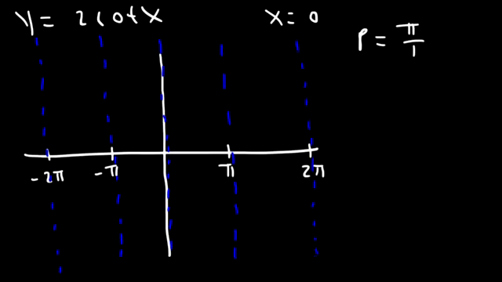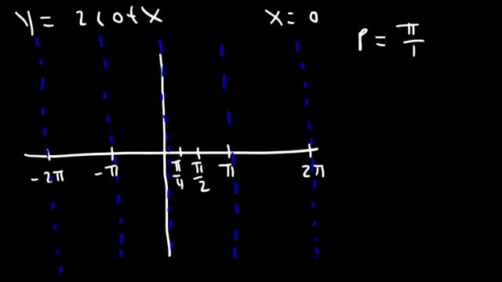Now let's plot points. Let's focus on the area between 0 and pi. I probably should have made a bigger graph, but we can still make this work. So between 0 and pi, it's going to be pi over 2. And between 0 and pi over 2, we have pi over 4.